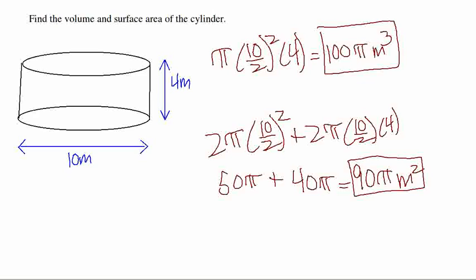Now I'd like you to try one more example. A cylinder and a cone have the same base areas.